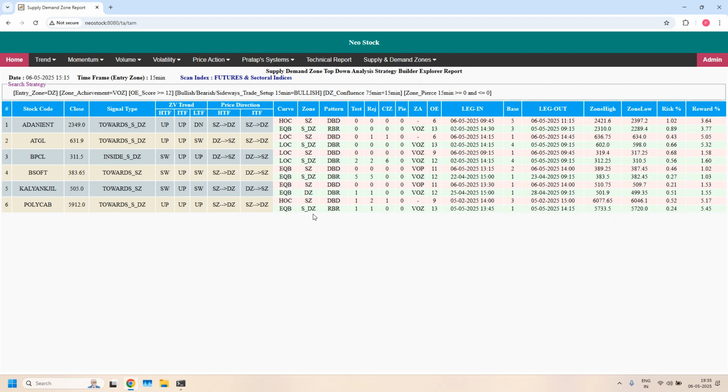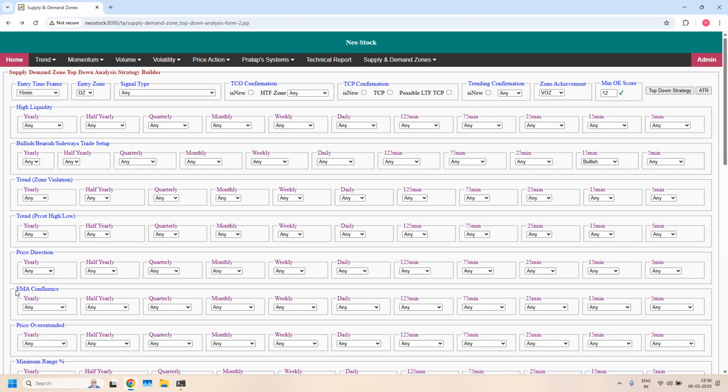In these 6 stocks, the 15 minutes demand zones are overlapped with the 75 minutes demand zone, and the 75 minutes trend is up in all the stocks. So let's filter based on the 75 minutes demand zone having daily EMA confluence.